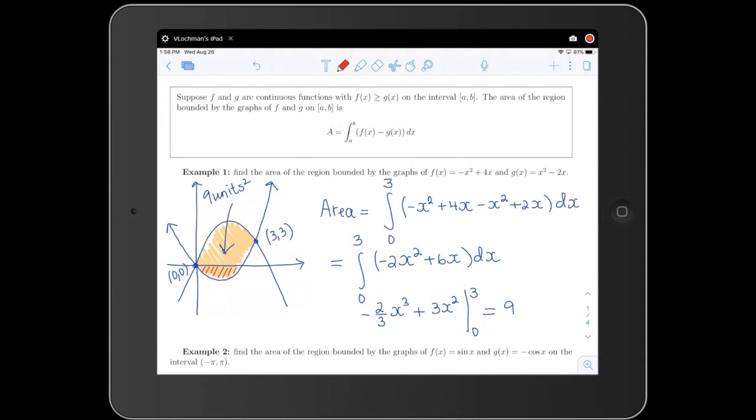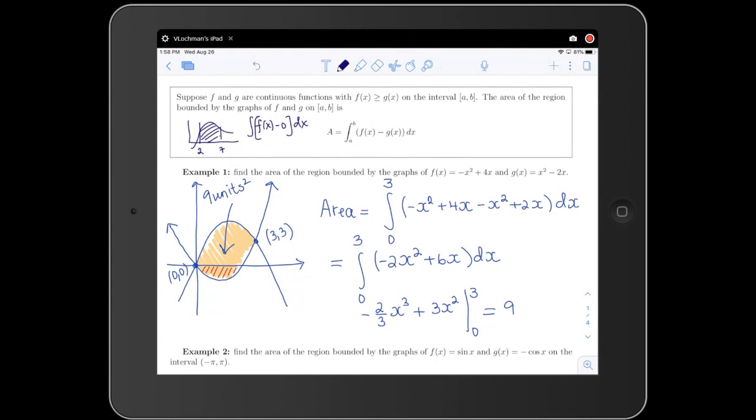So technically, when you guys were doing your area, let's say I'm going to put a little picture here, and I'll probably delete it. Let's say you go from here to here, let's say from 2 to 7. That's what you're integrating, right? Technically, you were doing the integral of f of x minus 0 dx, 0 being the x-axis.